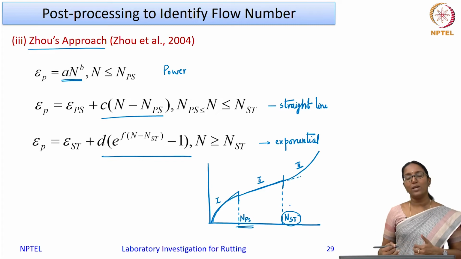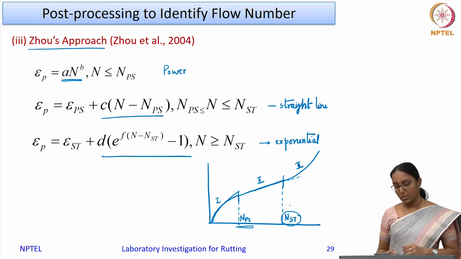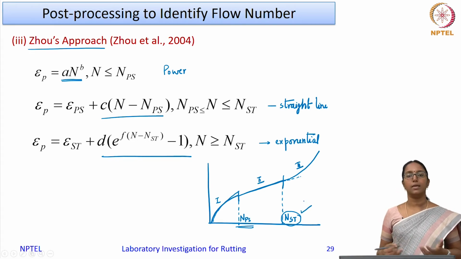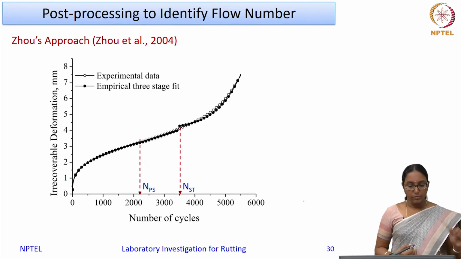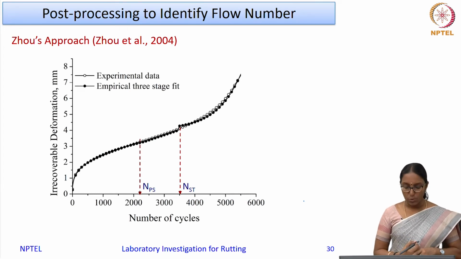So, this way you can find out the primary, secondary and tertiary stages, and once you fit this data, you know that NST is actually the flow number, where the material starts behaving in the tertiary way. So, this is one sample data that we have fitted with Zhou's approach.